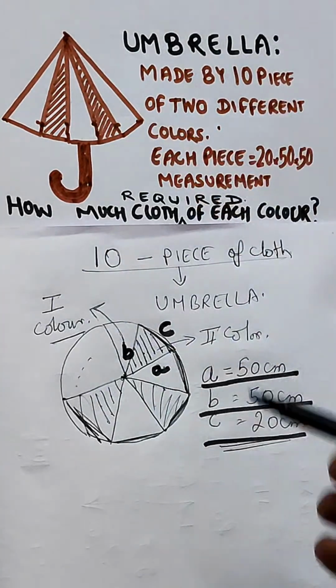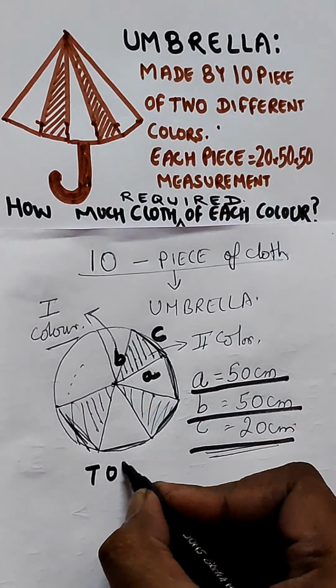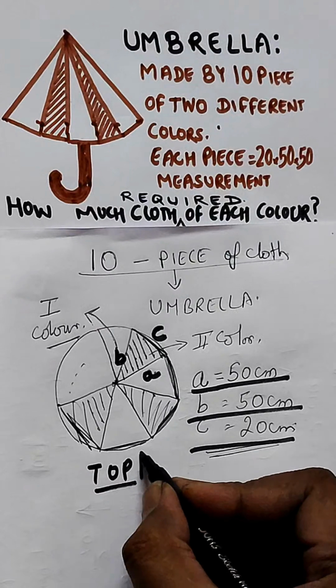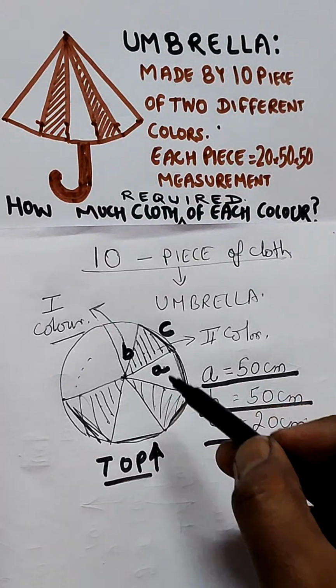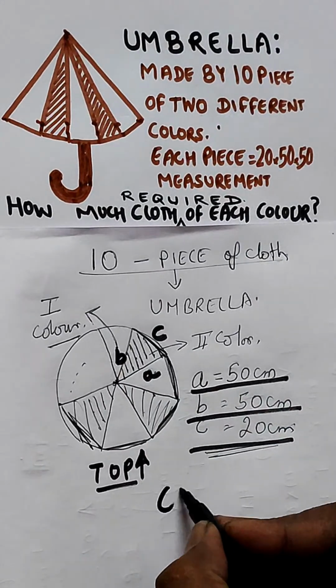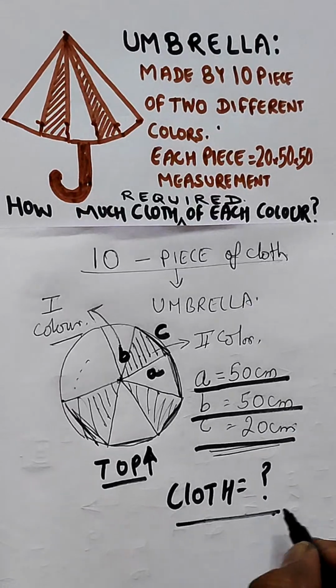This umbrella is made, this is the top view, the view from the top, right? If this umbrella is like this, then how much cloth is required in making this umbrella?